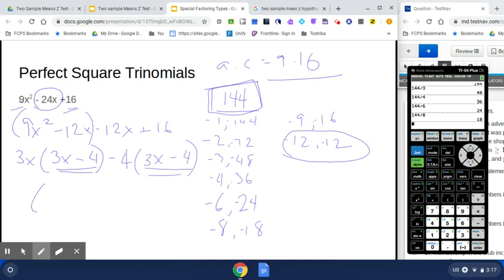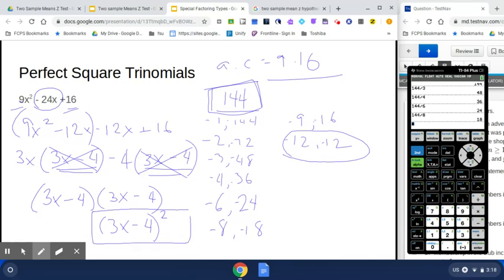So 3x minus 4 is the common binomial, and the leftovers in the first set is 3x, and the leftovers in the second set is negative 4. I did get the same binomial twice, so I'm going to represent that with an exponent. I have the quantity of 3x minus 4 squared. And so that is our final answer.